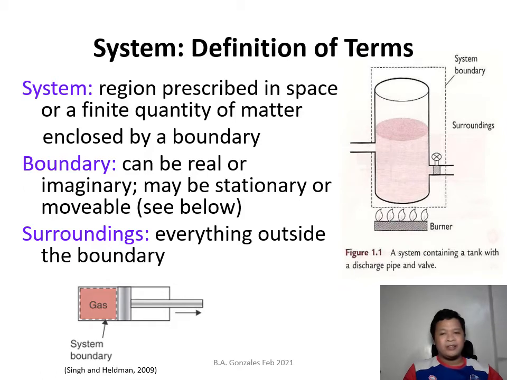And as you can see in these 2 illustrations from Singh and Heldman, the boundary may be stationary or movable, such as when the system bounded is a gas which expands and contracts. So then essentially everything outside the boundary is called your surrounding. So you have systems and surroundings.